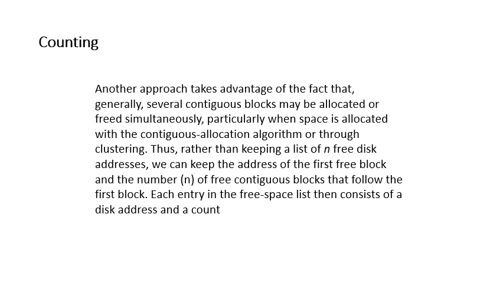This approach stores the address of the first free disk block and the number n of free contiguous disk blocks that follow the first block. So every entry in the list contains the address of the first free disk block and the number n. It just counts and keeps track of how many free contiguous blocks are available. And this is all about counting.